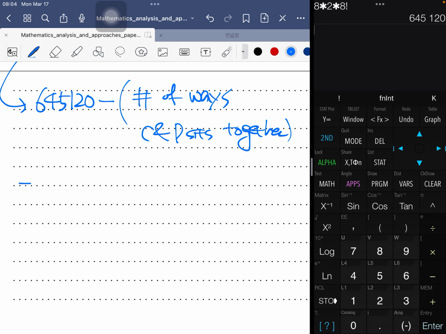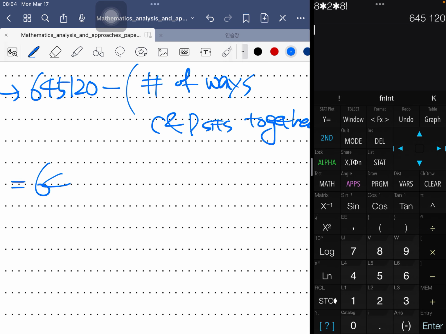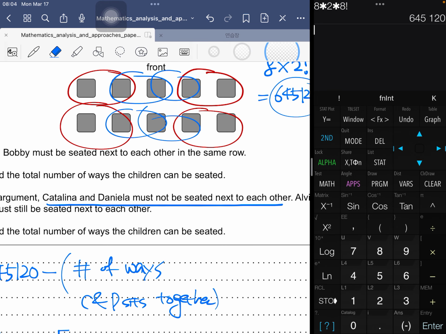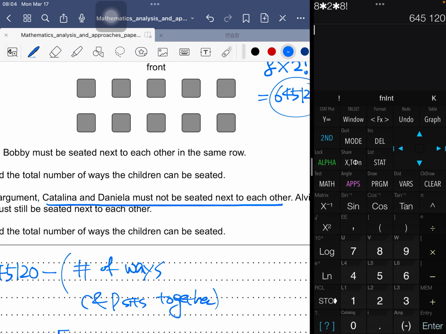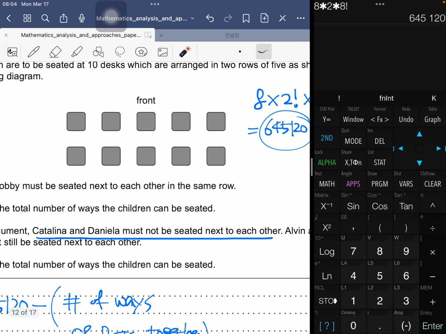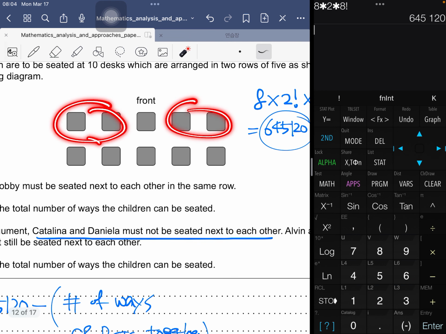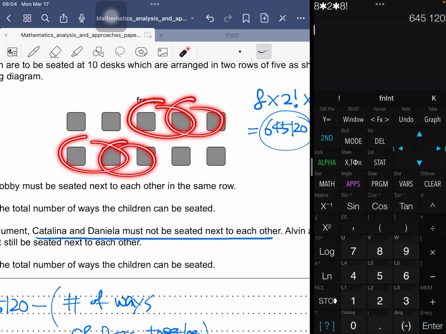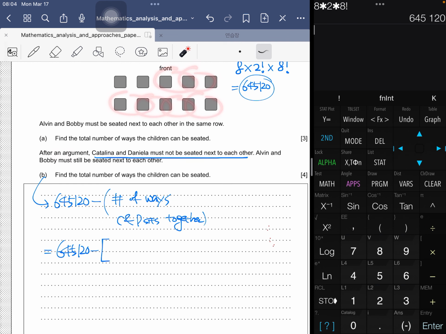So it's still going to be 645,120 minus, let me delete everything. Okay, if A and B sit over here, here, here, here, for those 4 cases we have C and D sit over 1, 2, 3, 4, 5, 6 cases, right?